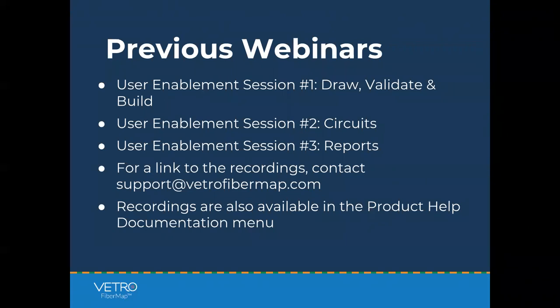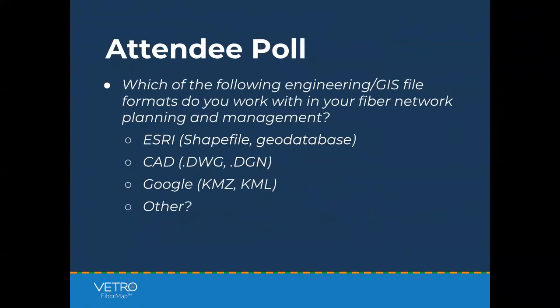So the first thing we want to do today is jump right into a quick poll of everyone that is in attendance. We're wondering, which of the following engineering GIS file formats do you work with in your fiber network planning and management? These are the different options to choose from. There's an interface in the Zoom application that should allow you to submit your answer.